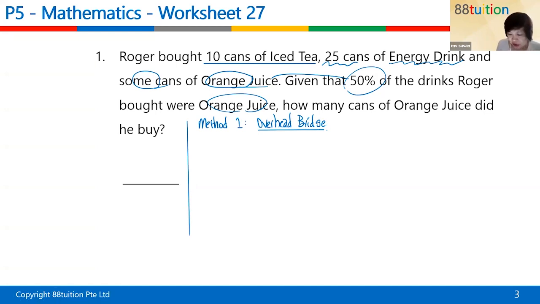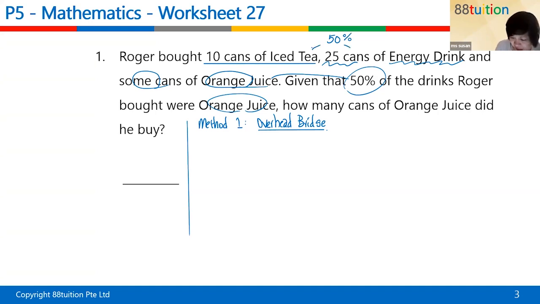So how are we going to do this? First thing first, we know that 50% is meant for oranges. Correct or not? And then you know that the rest are also 50%. If I were to break this, can I say this is also 50%? I'm going to use it in this manner.